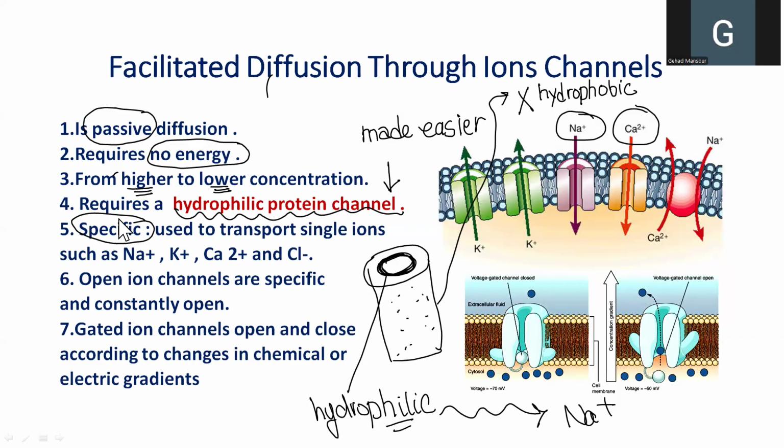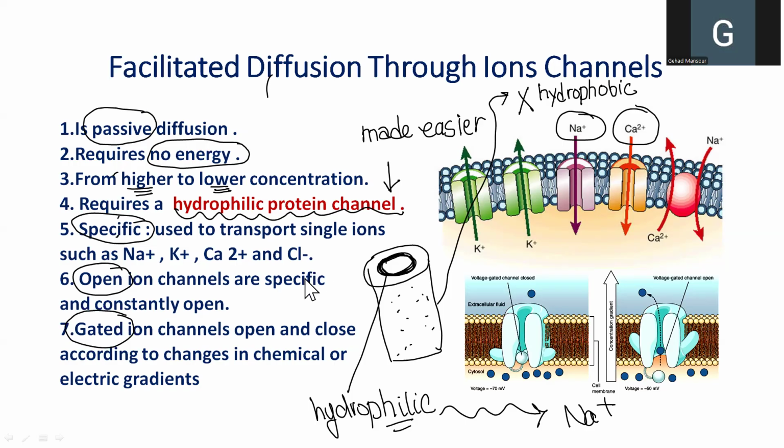We have two types of ion channels. We have open ion channels, as we said before, that are constantly open, and we have gated ion channels. The gated ion channels are not constantly open. This is what characterizes them. They open and close according to certain criteria, for example, according to the electric gradient.